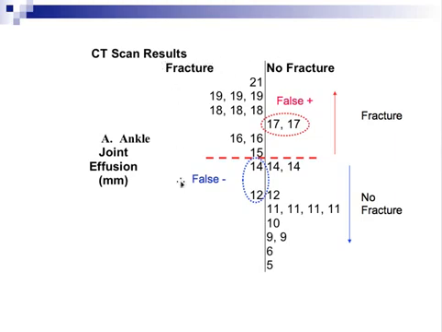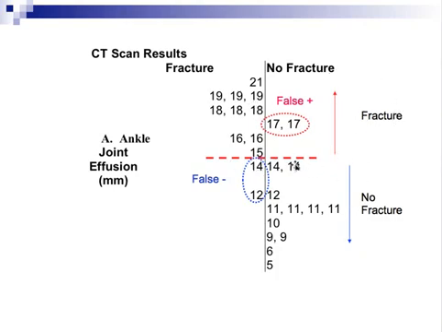So these people all really have a fracture, and these people all really do not have a fracture. What we can do is draw different cutoffs for declaring a fracture based on the swelling. Here in this example, we're drawing the cutoff at the red. We're saying 14 and below means they don't have a fracture, and 14 and above means they do have a fracture, and that's what these arrows indicate.